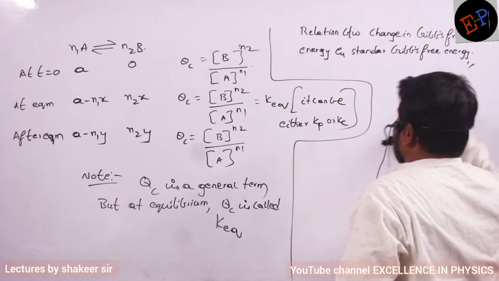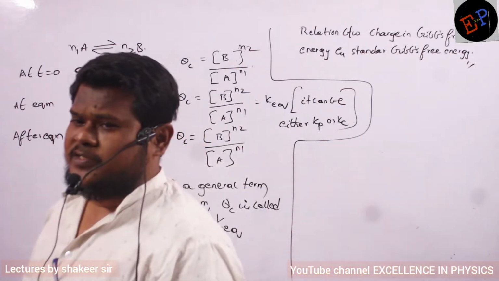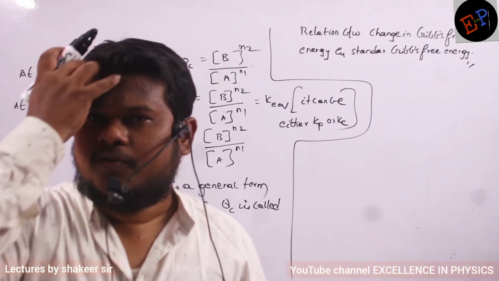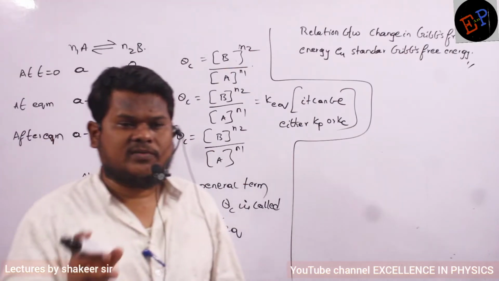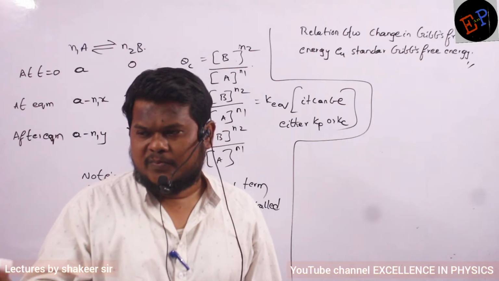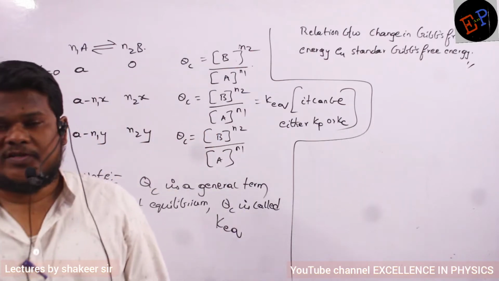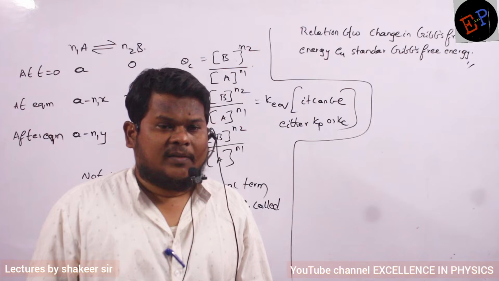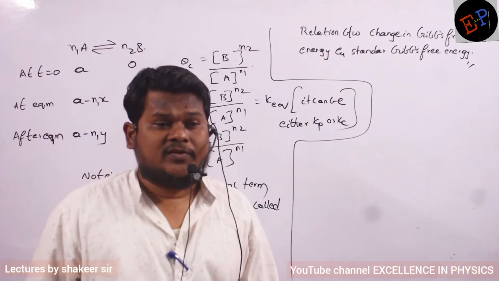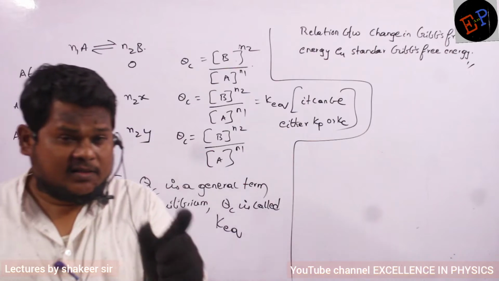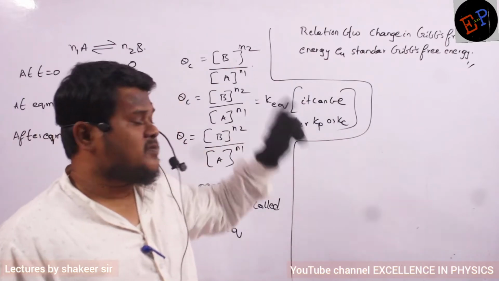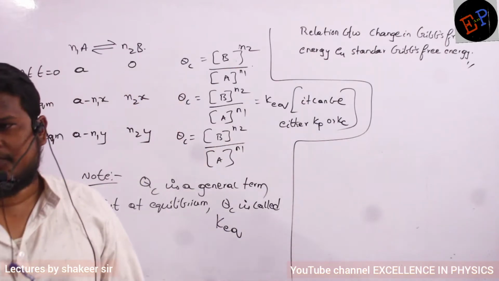So what is meant by standard Gibbs free energy? Already we studied, no? Gibbs free energy at a particular temperature and at a particular pressure is called standard Gibbs free energy. What should be the temperature? Temperature should be 25 degrees Celsius. And what should be the pressure? Pressure should be 1 atmospheric pressure. Already we have defined, no? So at that pressure and at that temperature, the Gibbs free energy is called standard Gibbs free energy.